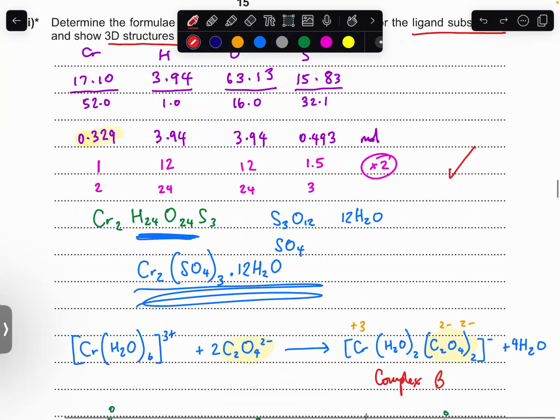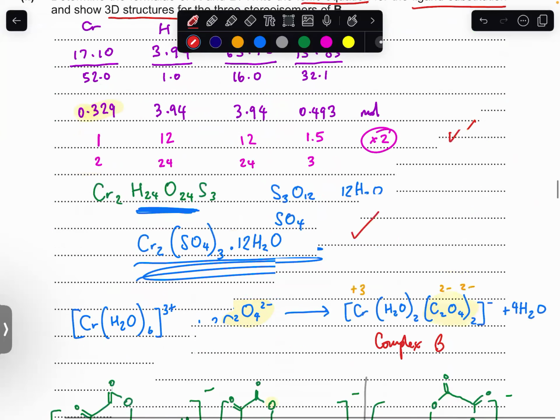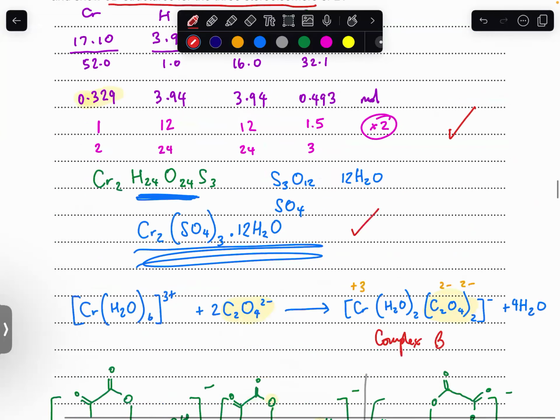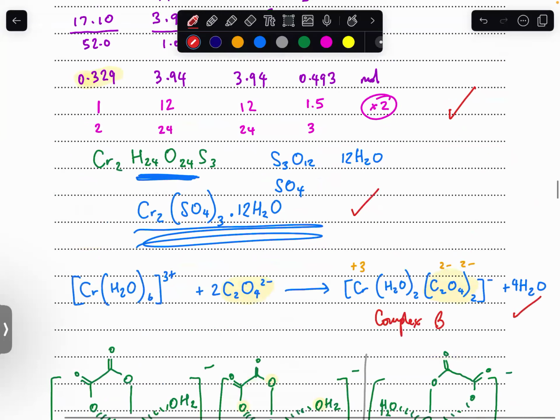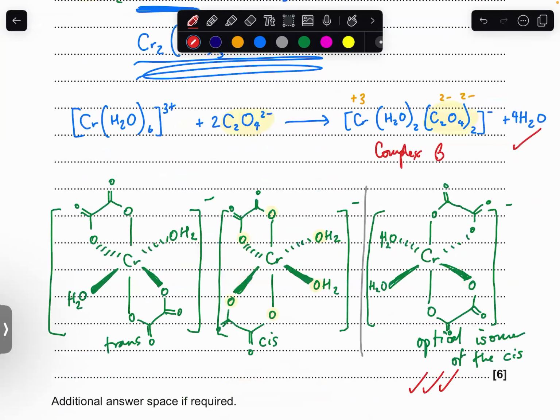You've got your hydrated formula, you've got your ligand substitution, you've got your structures, and that pretty much covers all the indicative points. Just making sure I've got all that's being covered. Yep, that's it, ladies and gentlemen.